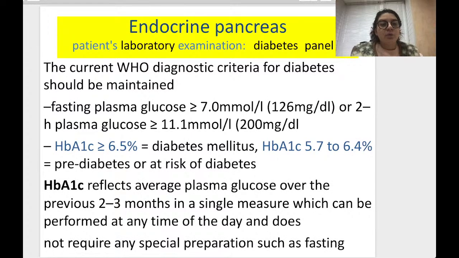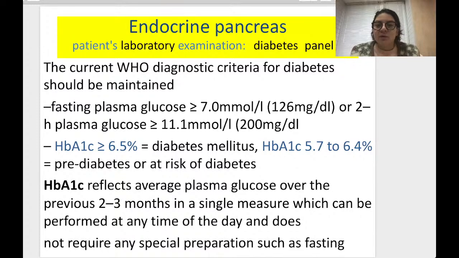Okay, according to the World Health Organization, diagnostic criteria for diabetes should be maintained. What criteria, according to those tests, do we use to confirm or not confirm diabetes mellitus? First, it is fasting plasma glucose more than 7 millimoles per liter or 126 milligrams per deciliter.